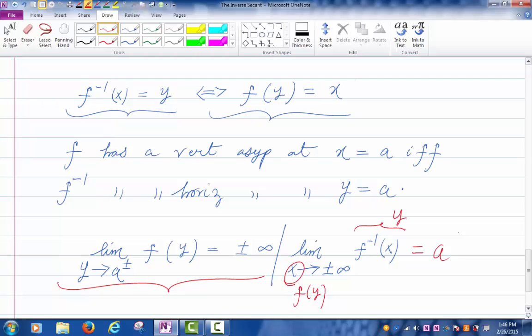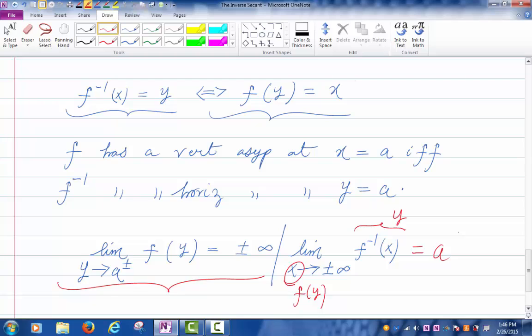So as x goes to a, y approaches infinity. And at the same time, f inverse of x is going to go to a. Is that making sense? Is everybody okay with what I just said?